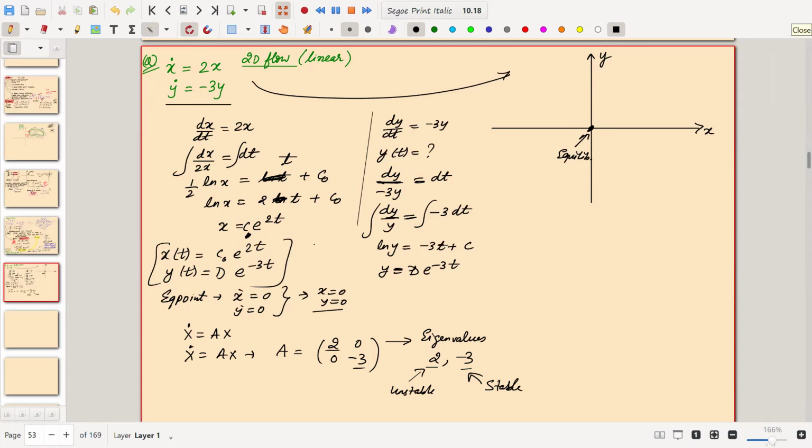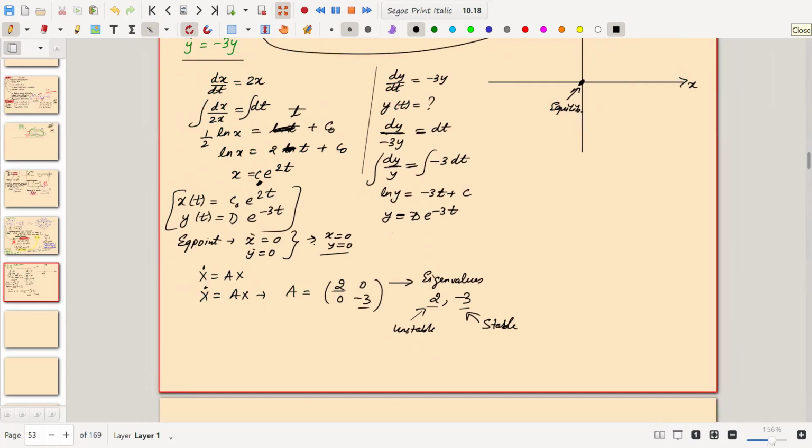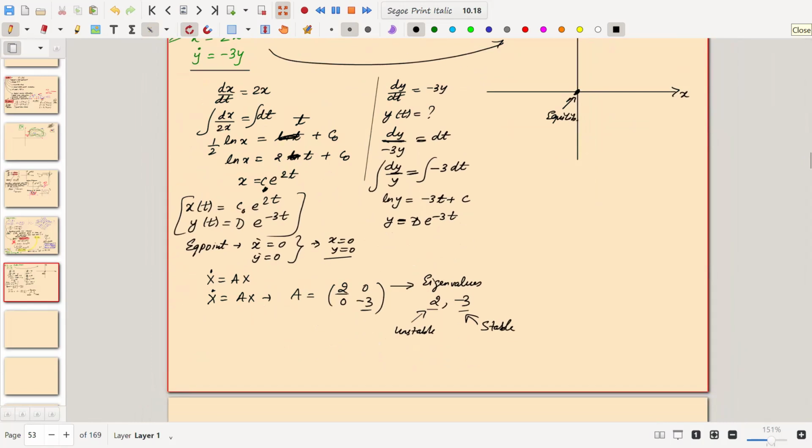Okay, fine. So these are the two eigenvalues. What can be the eigenvectors here? Av equals lambda v, right? So 2, 0, 0, minus 3 times v1, v2 is equal to what? Maybe for lambda equal to 2, let us find.